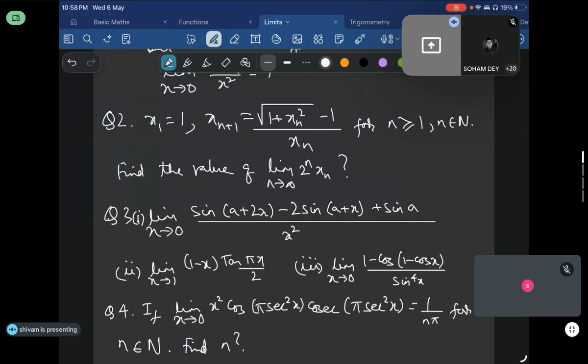Yes, Shamili, 3 part 1 is correct. Joyatra, 2 is correct. 3 part 1 is correct. Soham, check number 2. Shubhangi, 2 is correct. Okay, Abhipsha, check 3 part 2. Okay, Soham, check number 2.